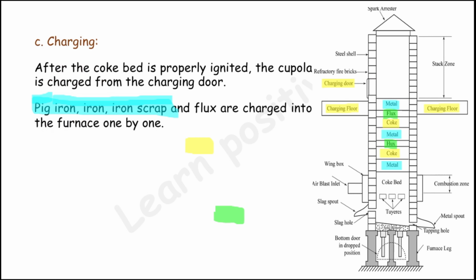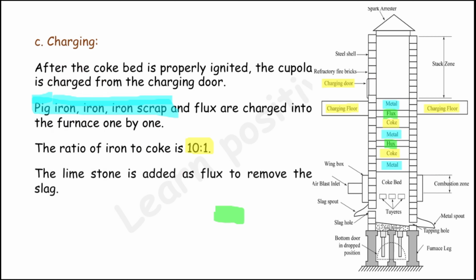The ratio of coke is, if 10 kg of iron we are using to melt, we are using 1 kg of coke, and the limestone we are adding as flux to remove the slag. The limestone will remove the impurities in the molten metal and create a slag.